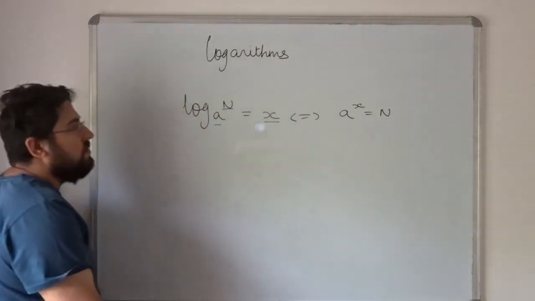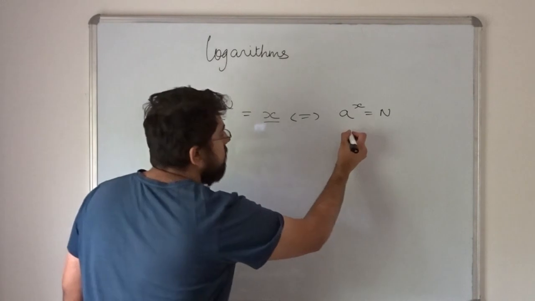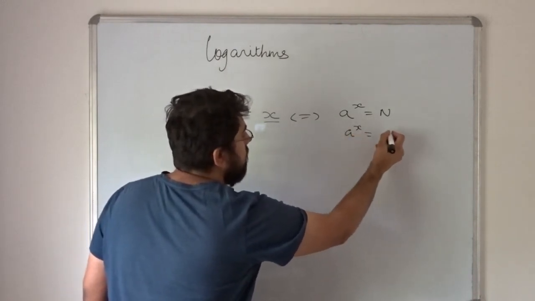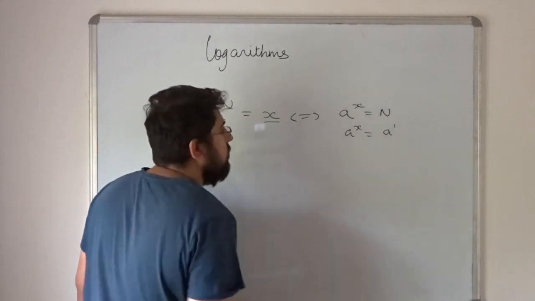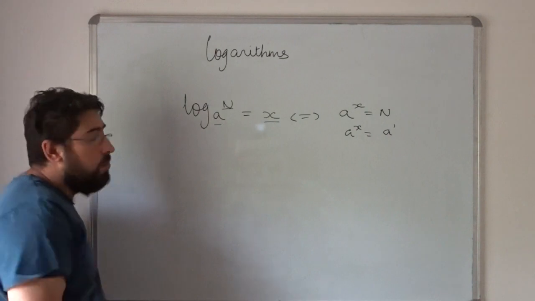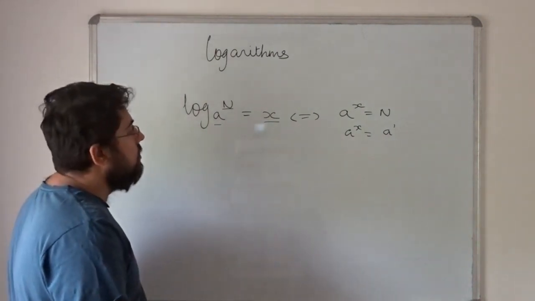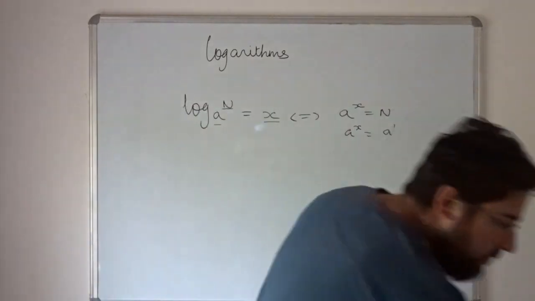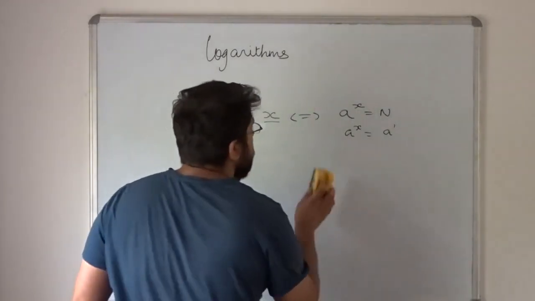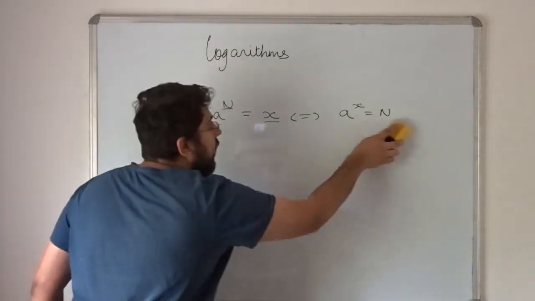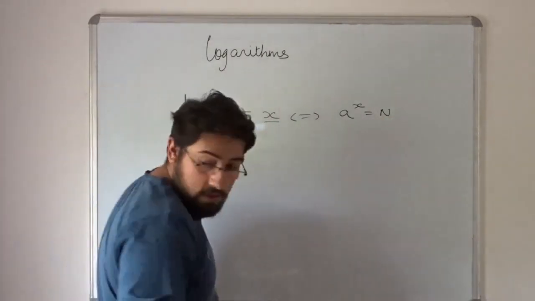Basically, because this is a to the power x, at the end of the day, n will also become a to the power 1, and x will equal 1. I hope you understood this. Now we're going to move on.